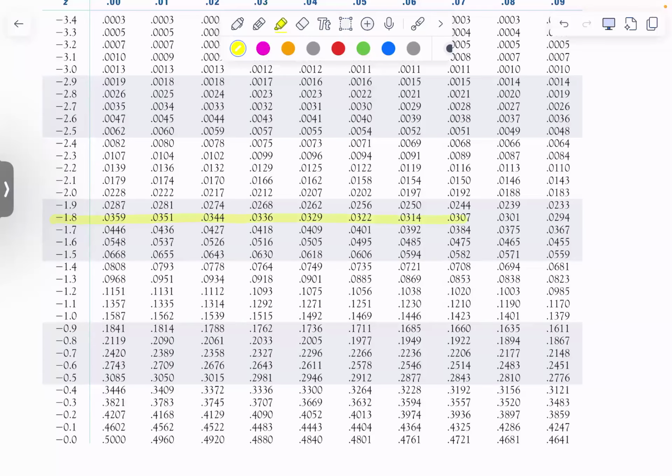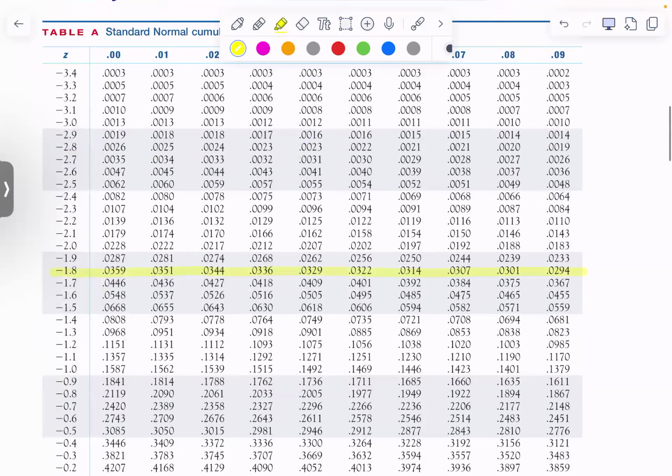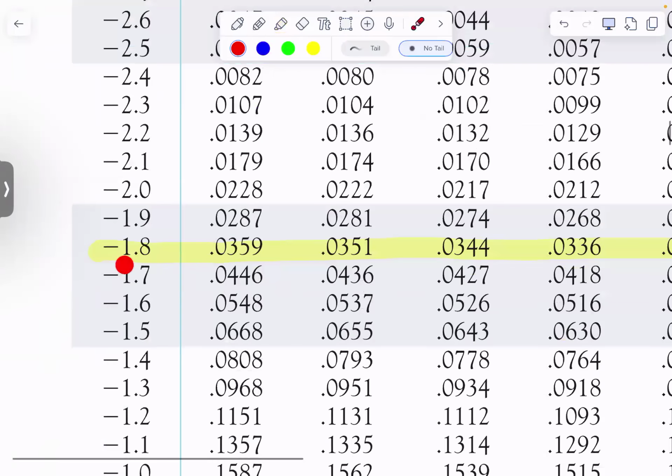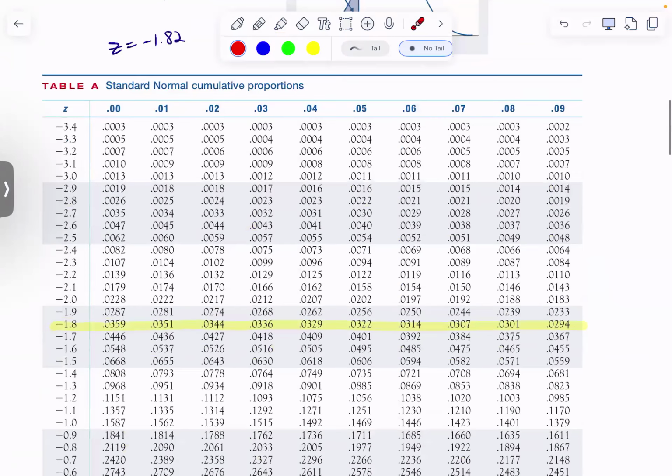Which means that our whole number is negative 1, and then our first decimal is 8, and our second decimal is 2. You want to be really careful. For some reason, those ones didn't print with the shaded areas, so what I would recommend is using a different piece of paper as a straight edge.